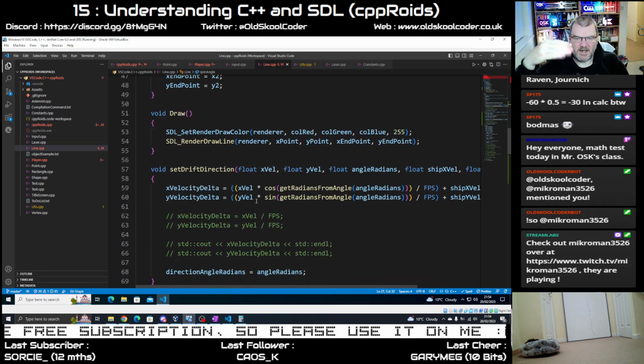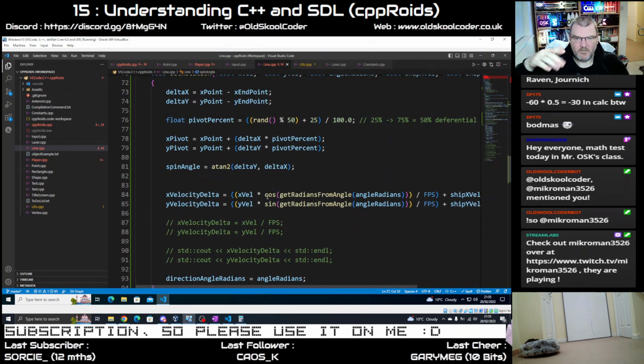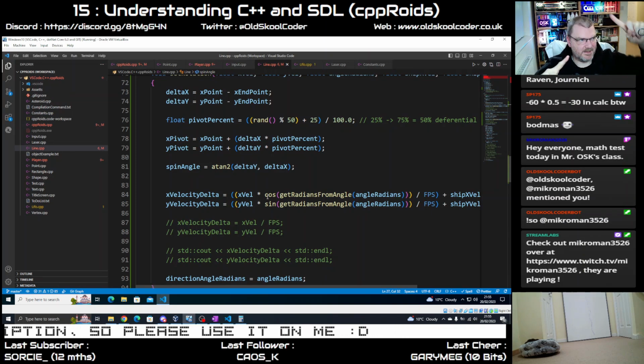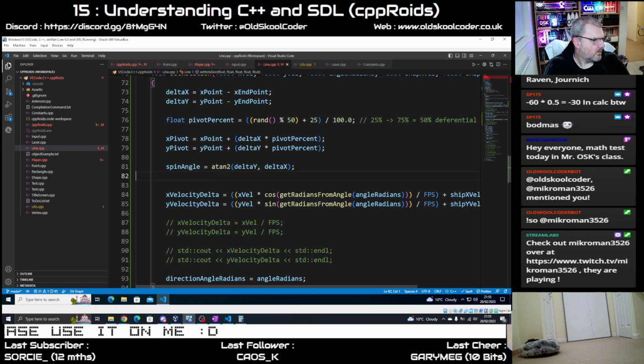So now we need to work out what the length is of the line that's left over, and we worked it out to be, where's my diagram?